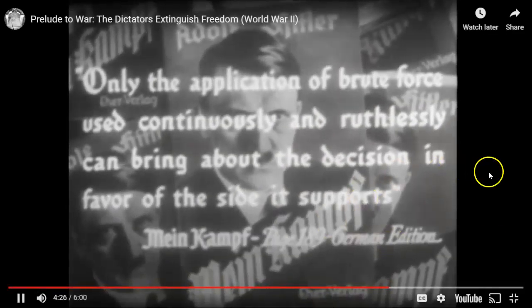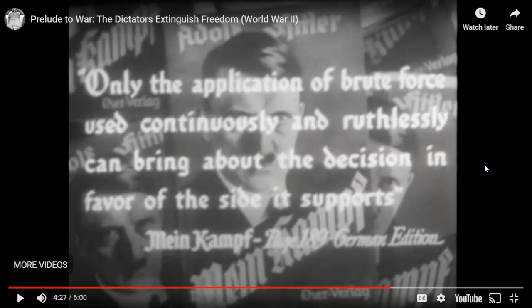And for the few who still believed in freedom and said so, there was a ready answer. The only application of brute force used continuously and ruthlessly can bring about the decision in favor of the side it supports. Mein Kampf.